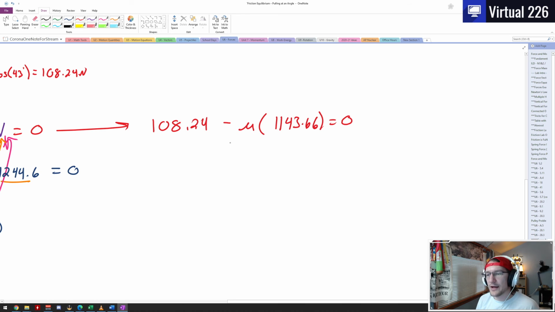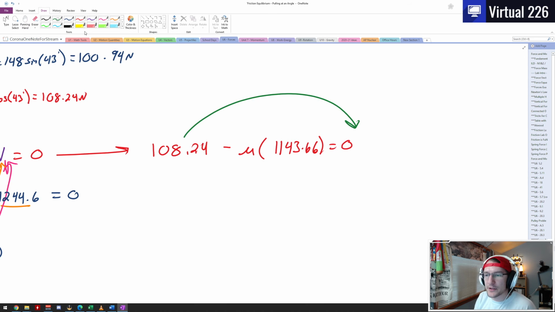You can solve it at this point any way you really want. You can either bring the 108.24 over to the other side, so you'd have something like negative mu 1143.66 equals negative 108.24, which you'd see there that the negatives divide out.